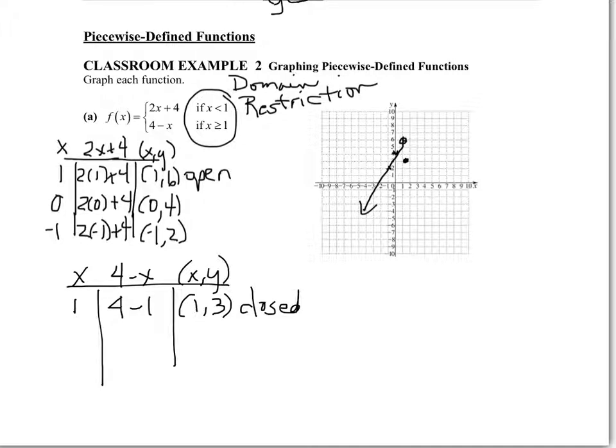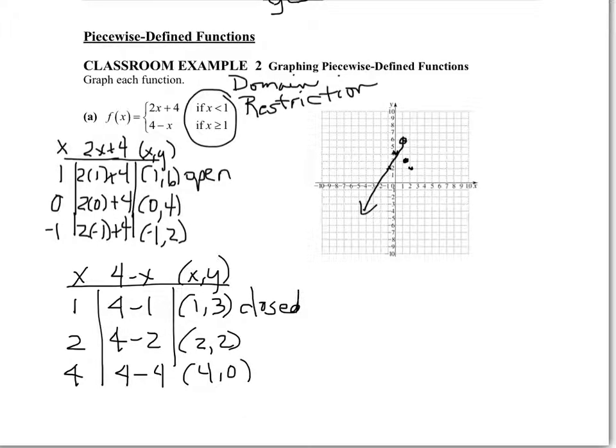Since x's are supposed to be greater than or equal to 1 is my domain restriction, I'm going to choose 2. And when I plug that in, 4 minus 2 is 2. So when x is 2, y is 2. So that point right there. And let's see what happens if we use 4. 4 minus 4, well, when x is 4, y is 0.